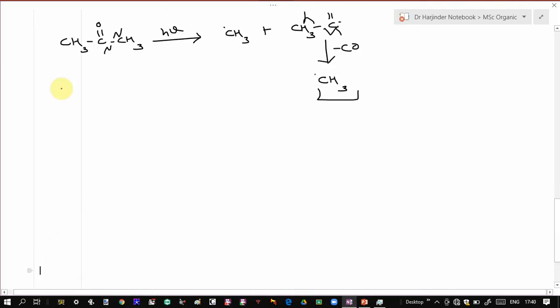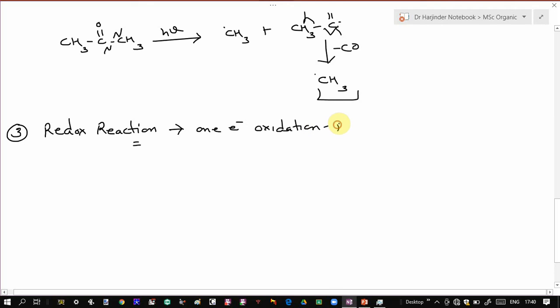The other method is a redox reaction, or one electron redox reaction. Okay, or you can say one electron oxidation reduction reaction, in which movement of just one electron takes place. So since movement of just one electron takes place, this also gives rise to free radicals.